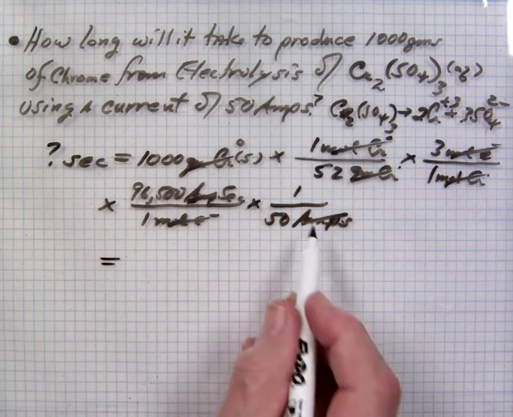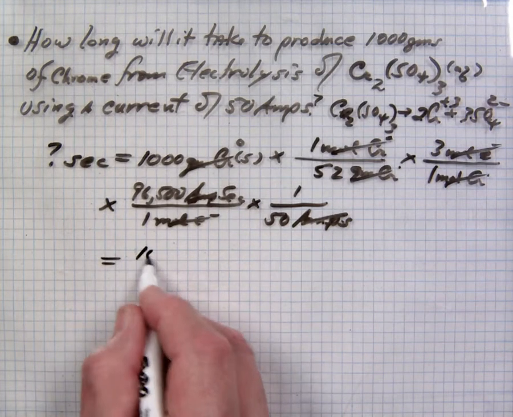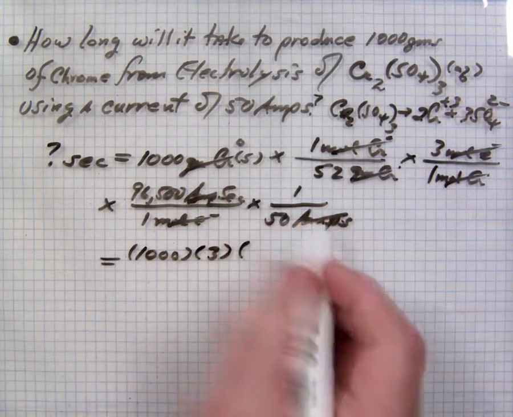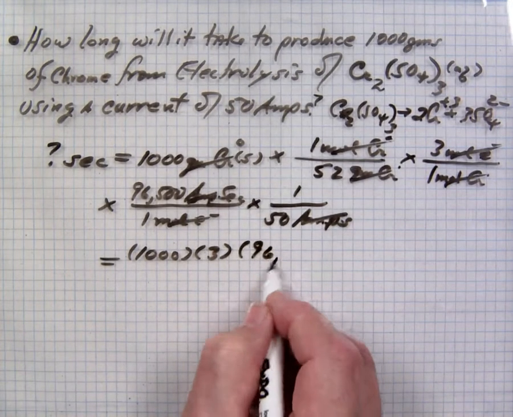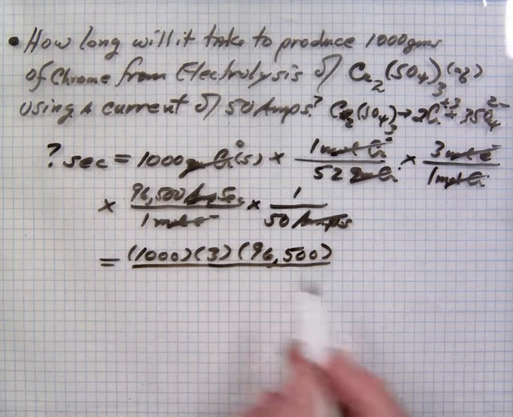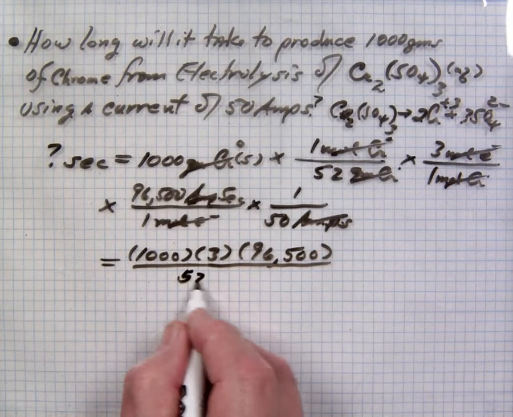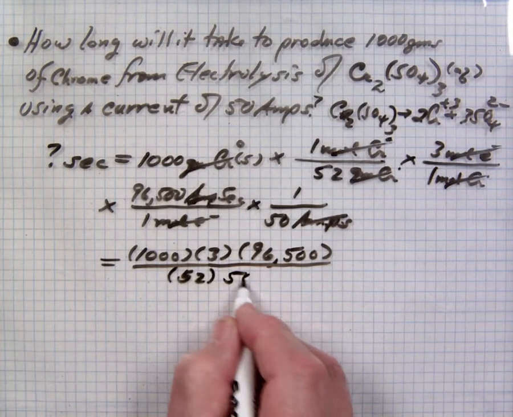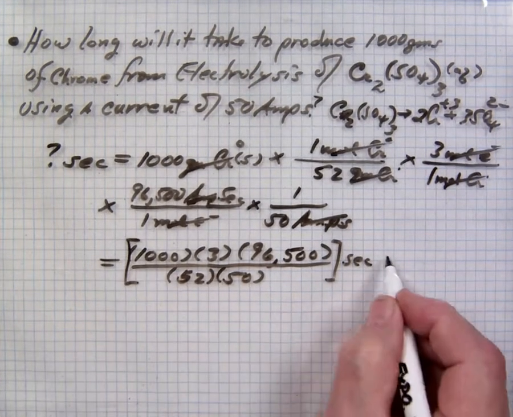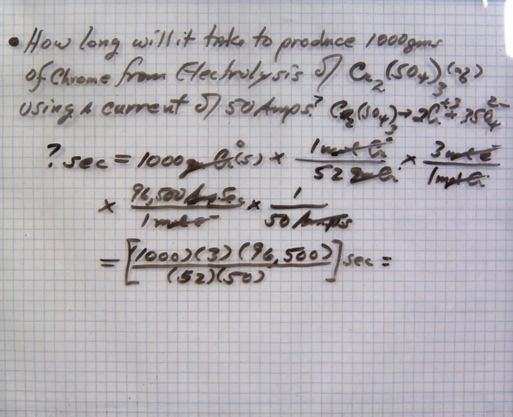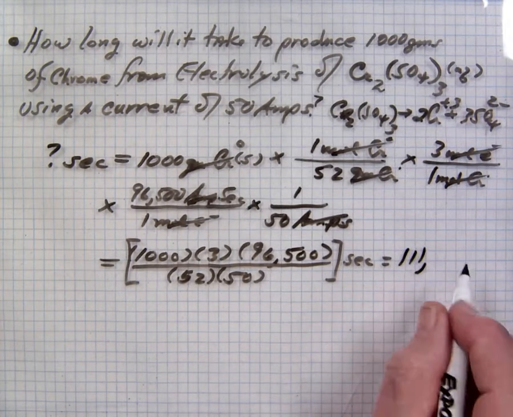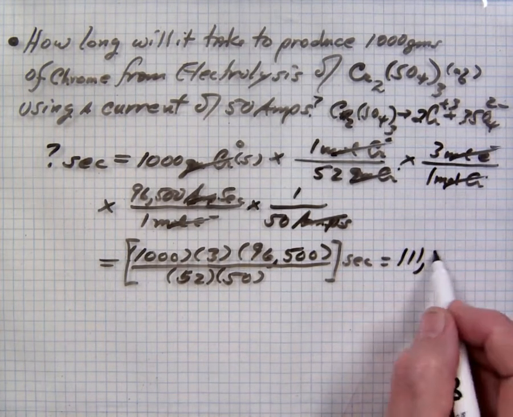So now our calculation reduces to 1,000 times 3, times 96,500, and that is divided by 52 and 50. All of this will come out in seconds, and so that's 346 seconds.